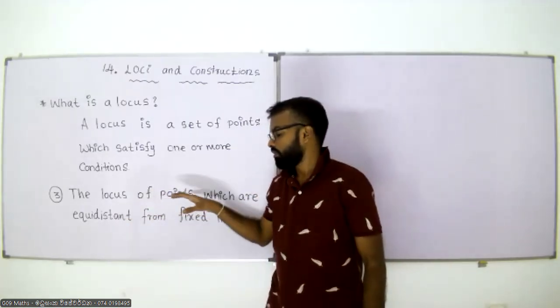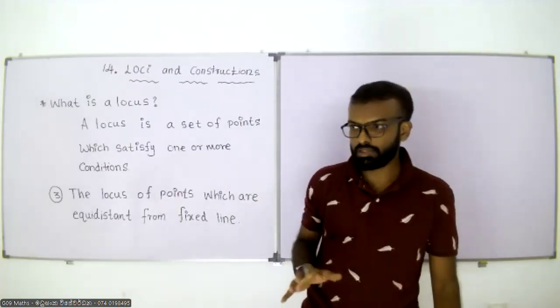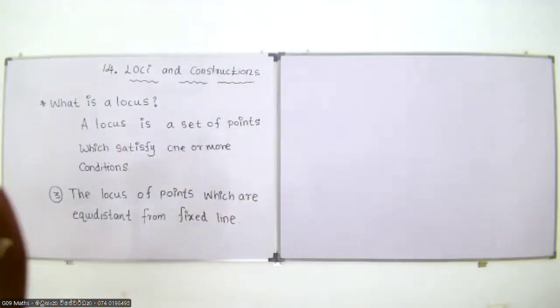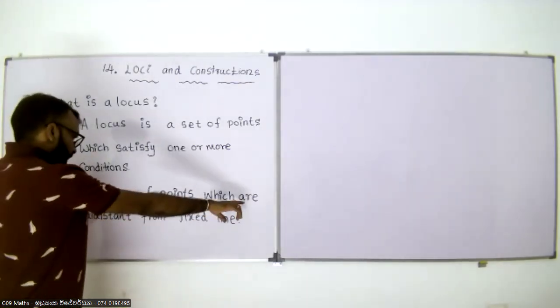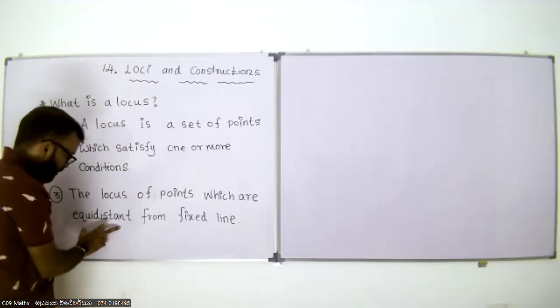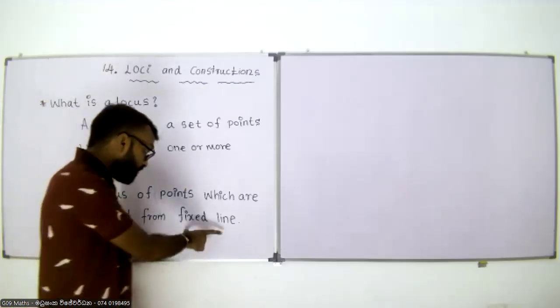So there are a set of points. You need to know that. And the first condition is equidistant from a fixed line.